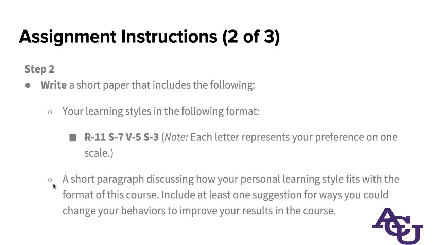Now, probably you're going to be having more than one suggestion, because a suggestion for changing a behavior related to each of the 4 learning style categories, the 4 axes, which there are then 8 possible results areas. Very likely you're going to be doing something different for each of those 4 axes.